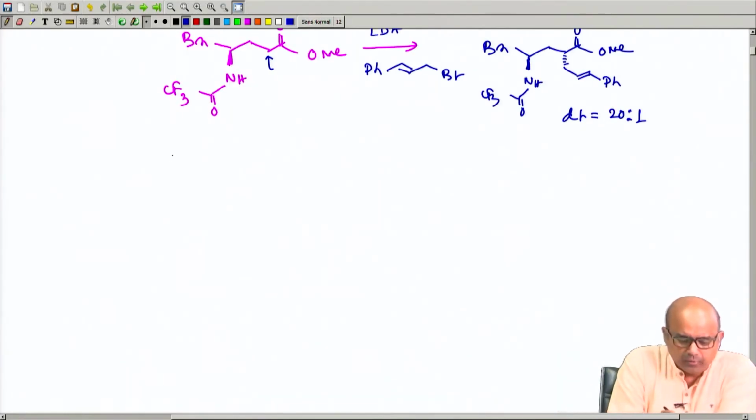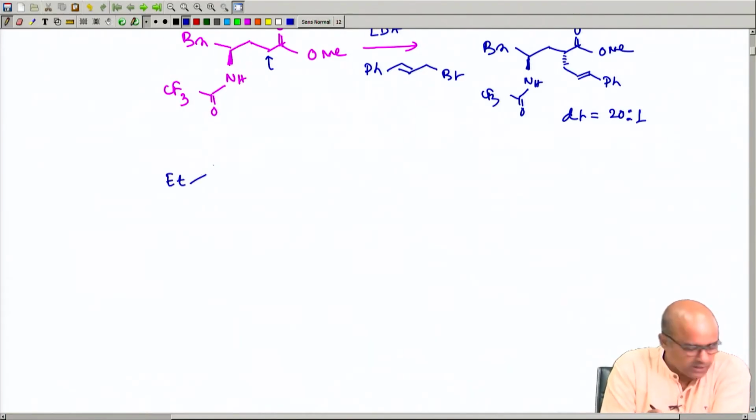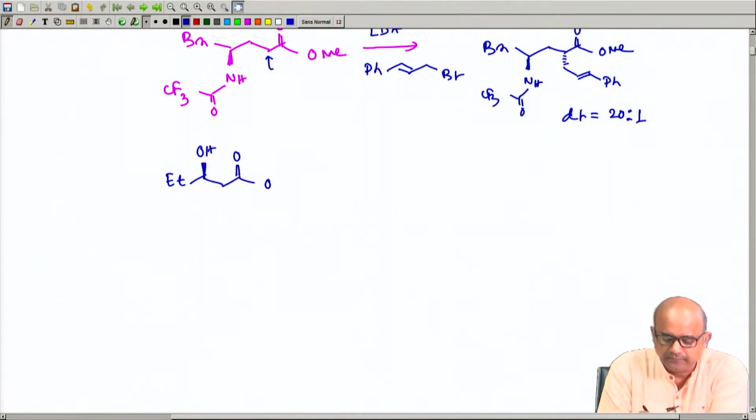Next, let us talk about a little bit of other issues where one has to consider different aspects. We will take a hydroxy acid or hydroxy ester, something like this.